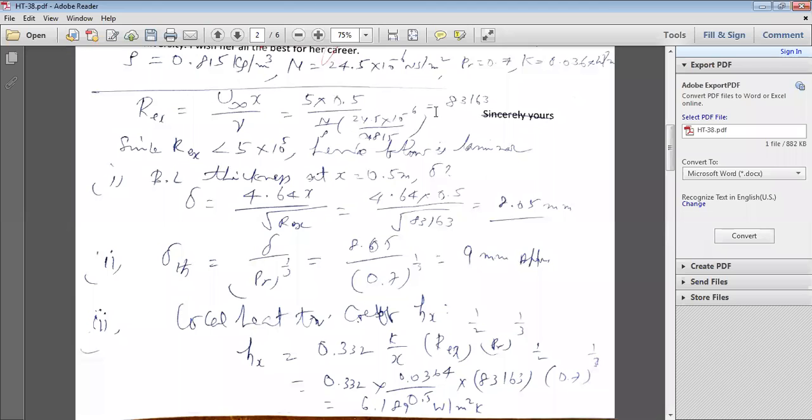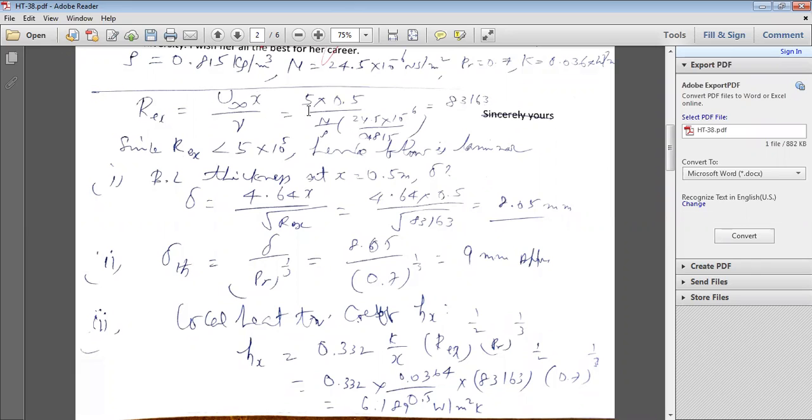And if you simplify this, your Reynolds number is 83,163. Since Reynolds number Rex is less than 5 into 10 power 5, hence the flow is laminar.